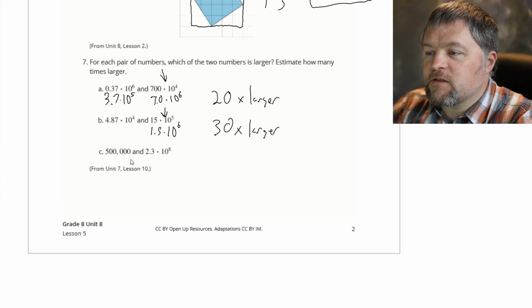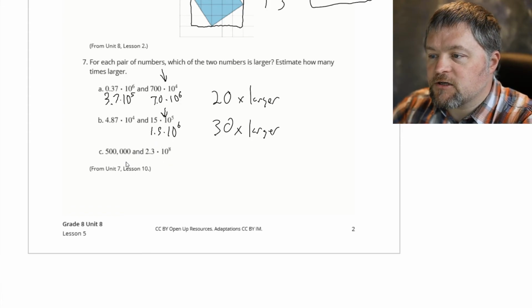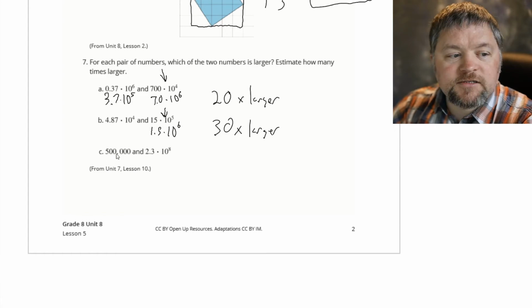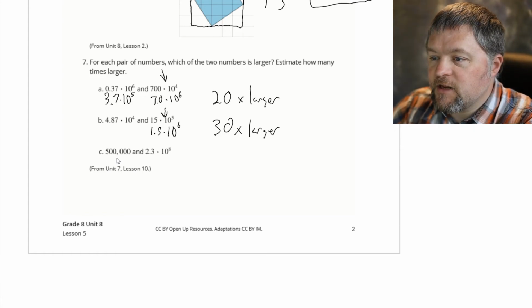Now, 500,000 and 2.3 times 10 to the 8, which is larger? Well, let's start out by putting this one in scientific notation. That would be 5 times 10 to the power of 1, 2, 3, 4, 5.